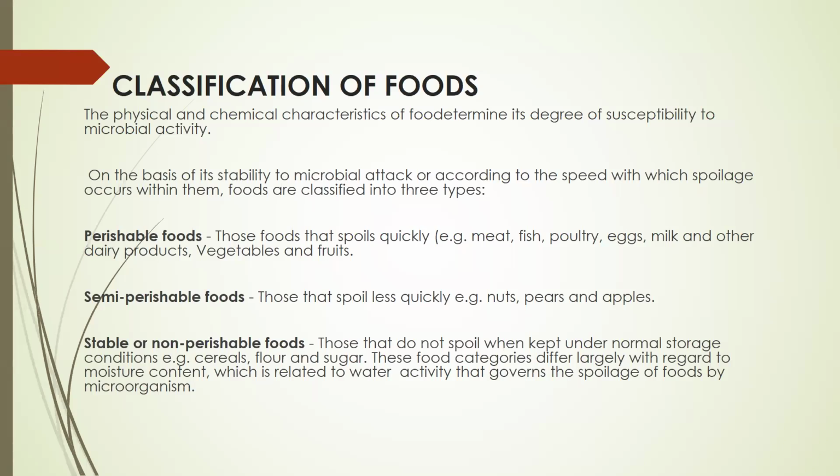Then we have the stable or non-perishable foods, those that do not spoil when you keep them under normal storage conditions. I'm saying under normal conditions because rice, flour, or sugar do not spoil then. But if, for example, you keep cereal, flour, or sugar in a humid environment where you have heat and humidity, the flour or the cereal will absorb some water.